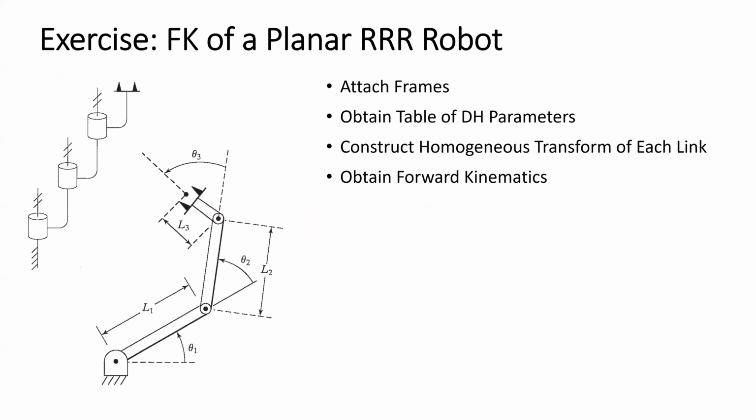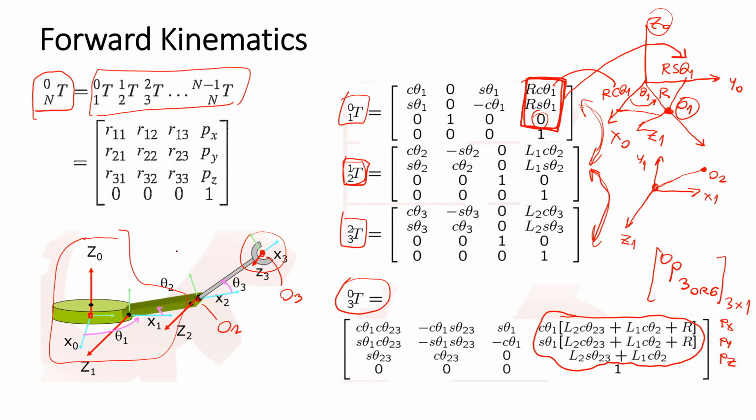It means that O2 with respect to the origin of frame 1 has the distance L1, and frame 2 rotates from frame 1 with the angle theta 2. Does that make sense?